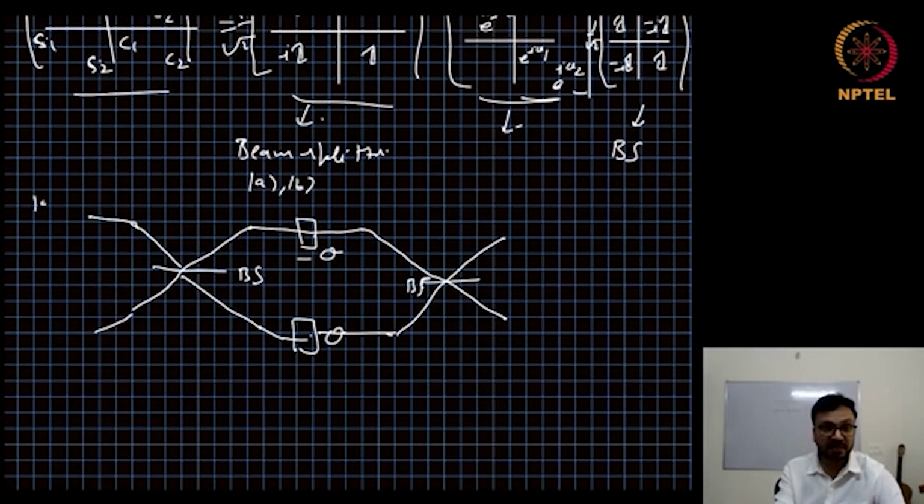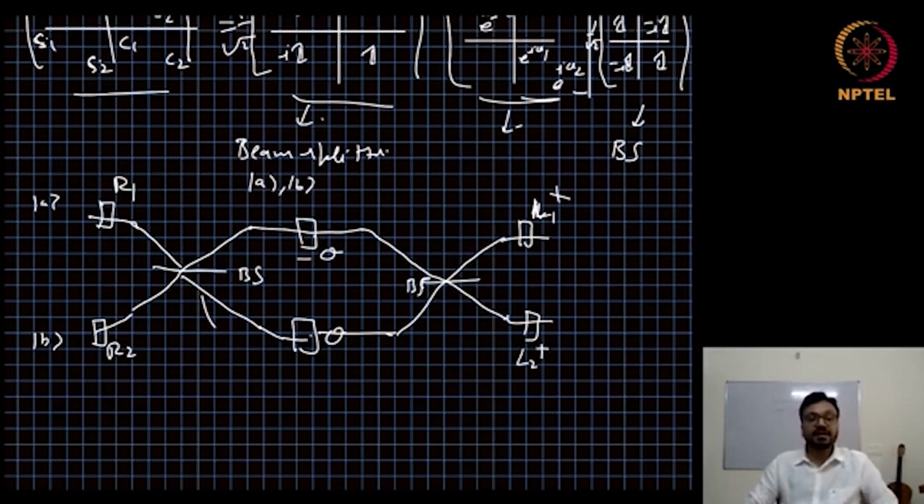This is path A, this is path B. So first we apply R1 and R2, then we have our CS matrix, and then we apply L1 dagger and L2 dagger. In that way, we can implement an arbitrary four-dimensional unitary on the polarization and path degrees of freedom of a photon.